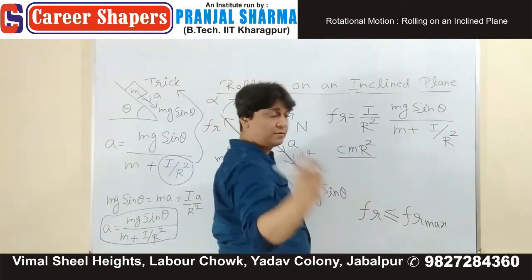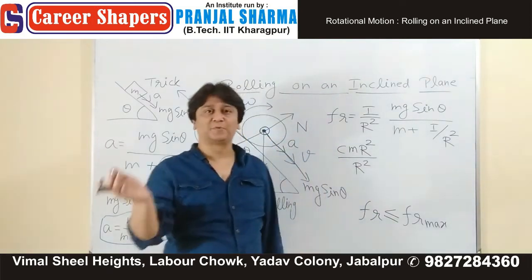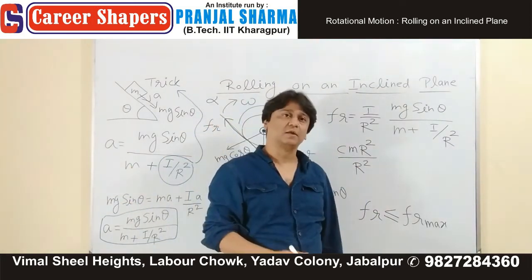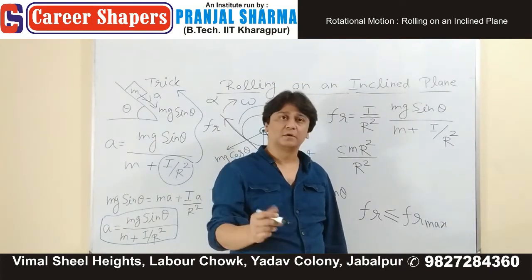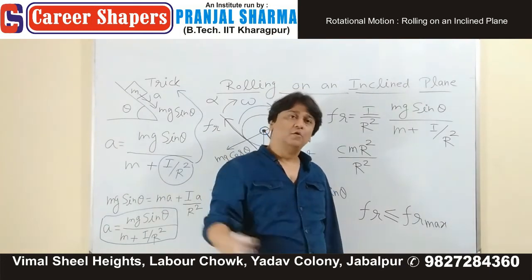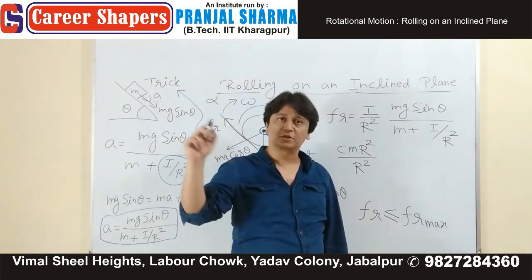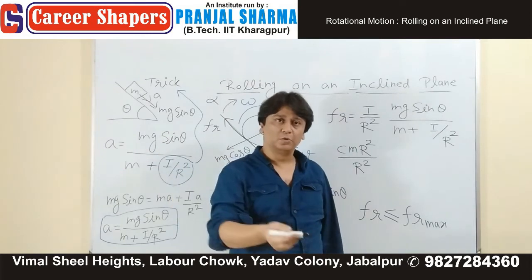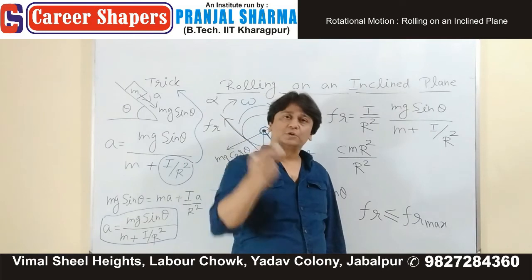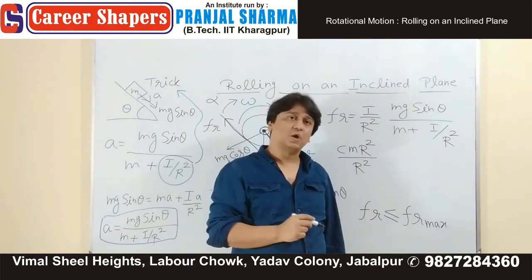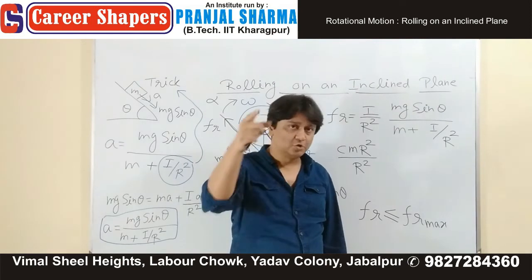What is C? C is that coefficient which is present in front of mr square. For a ring, what is I? mr square. C is what? 1. For a disk, what is moment of inertia? mr square by 2. That means what is C? 1 by 2. For a hollow sphere, moment of inertia is what? 2 by 3 mr square. So what is C? 2 by 3.